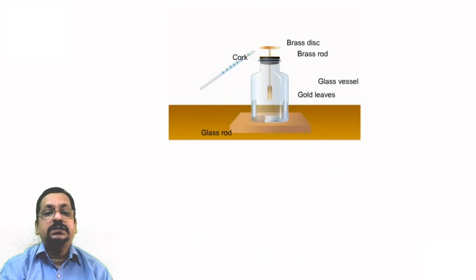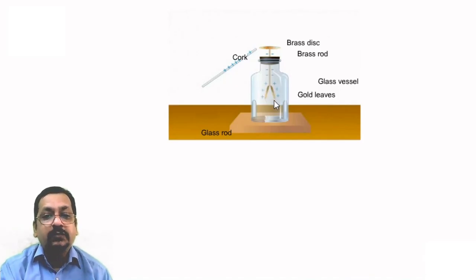Now see, it is brought close to it, and when we brought this charged glass rod close to it, or if we touch this even, then you will find that the leaves are moving away from each other. And why they are moving away from each other? Because like charges are developed on each of the leaves and they are getting repelled. So they are moving away from each other.